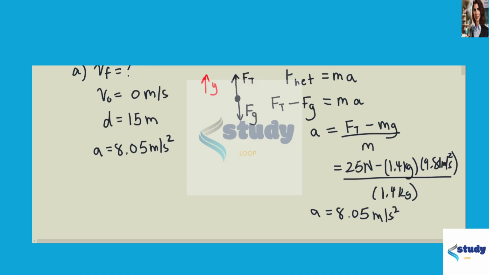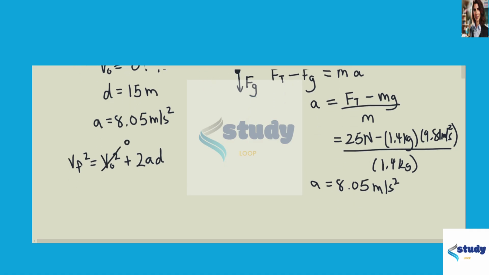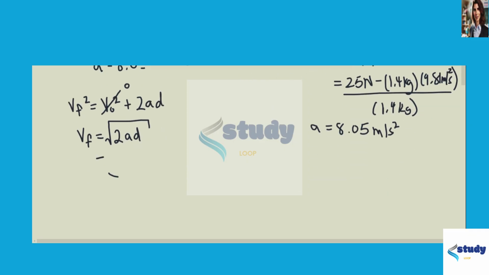So we're going to select the kinematics formula that doesn't have time, since that's the only variable that doesn't appear in this list. So we're going to use this formula here. Since V0 is 0, we can just cross that term out right away. And we're trying to find VF, so we're just going to take the square root of both sides to solve for that here. Okay, so we're just going to plug in what we have.